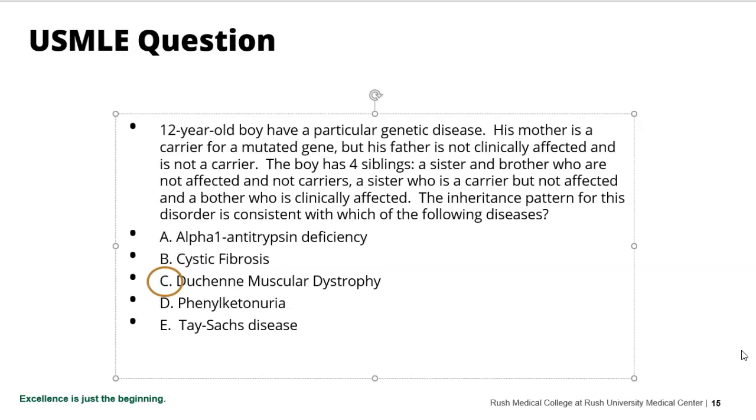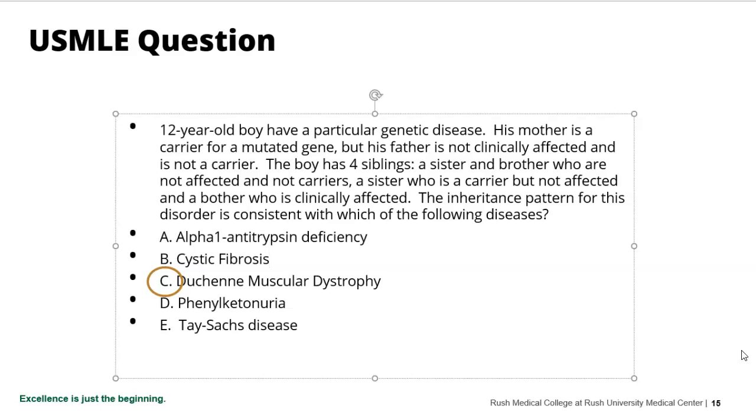So basically, they're giving you this big scenario that he has some disease and his mom's a carrier, but his dad doesn't have any symptoms and isn't affected. And he has 4 siblings, a sister and a brother who are not affected, a sister who's a carrier, and a brother who's affected.